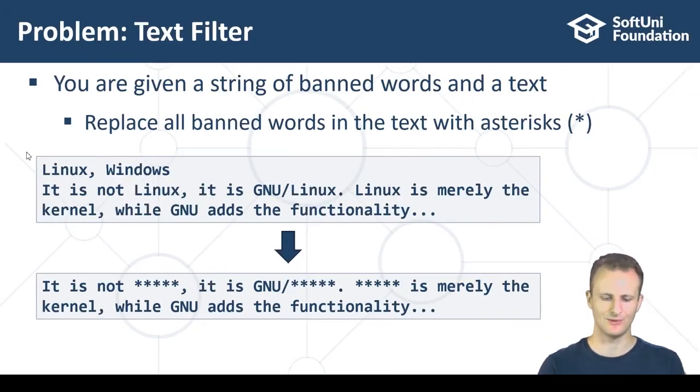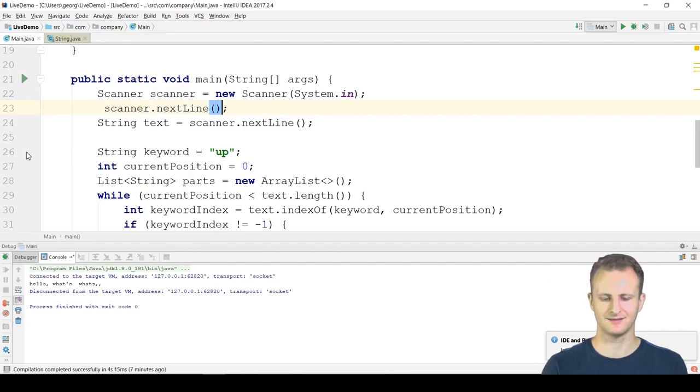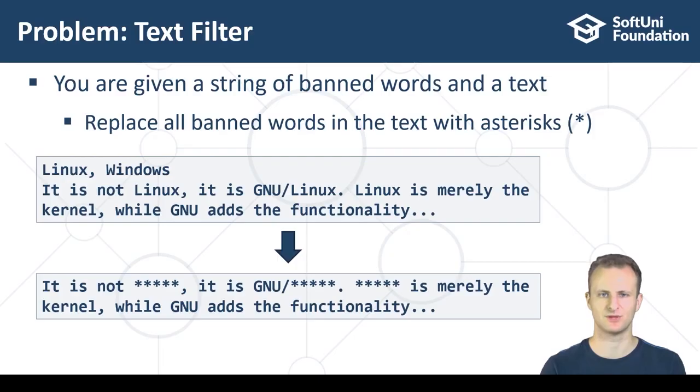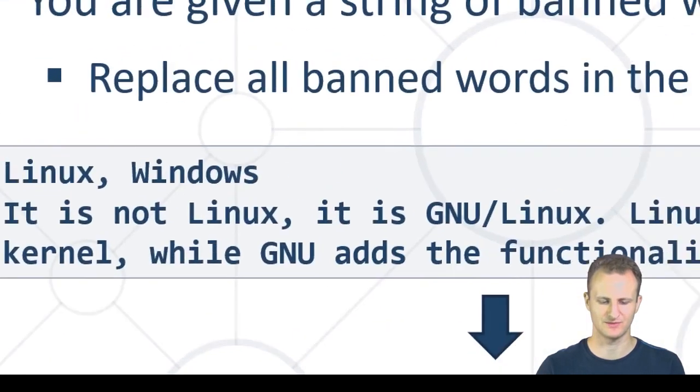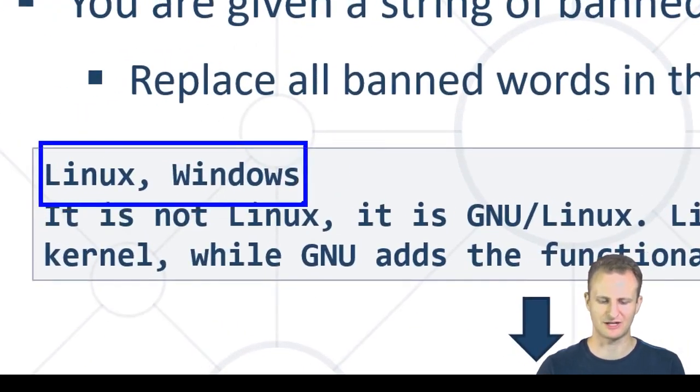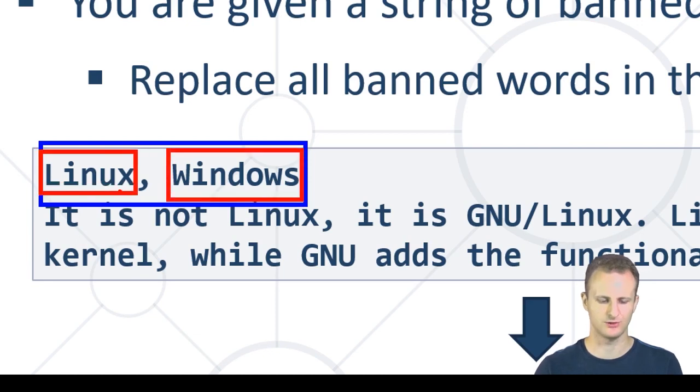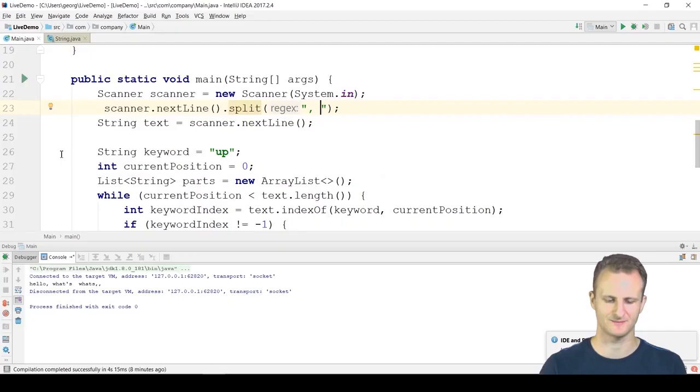So we're going to get a line, and we need to split that line by a comma and a space, because that's our separator. We have this entire string, and we need to separate it into Linux and Windows. Okay? And those are our banned words.